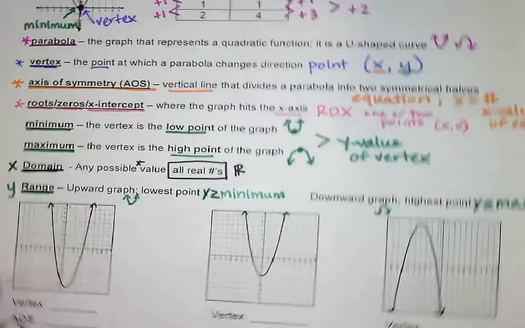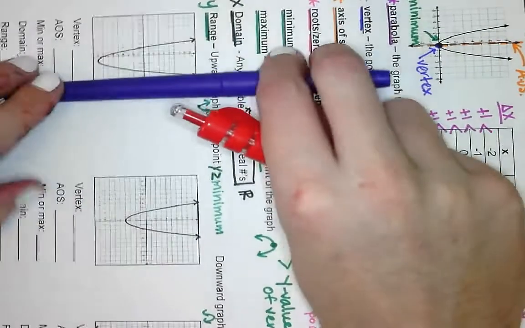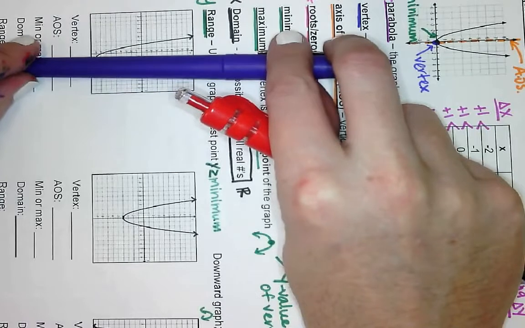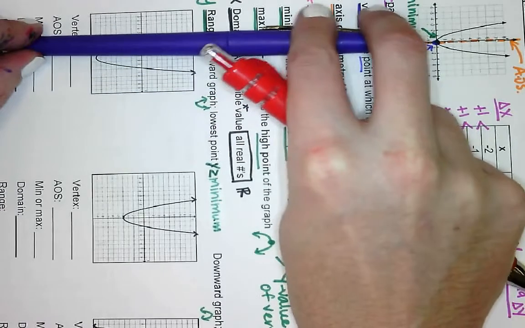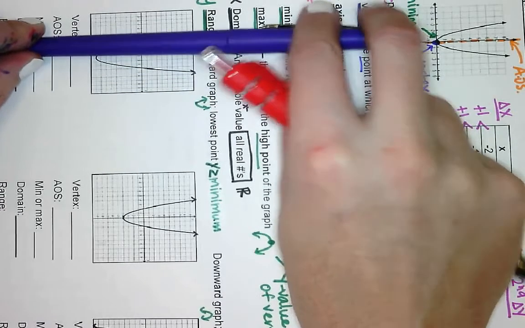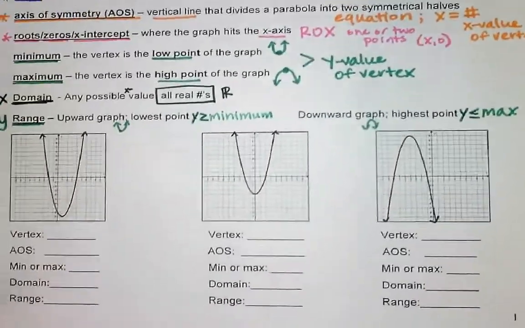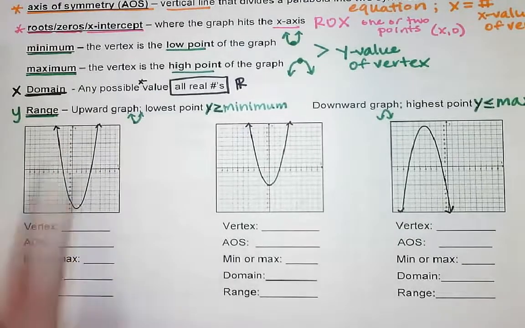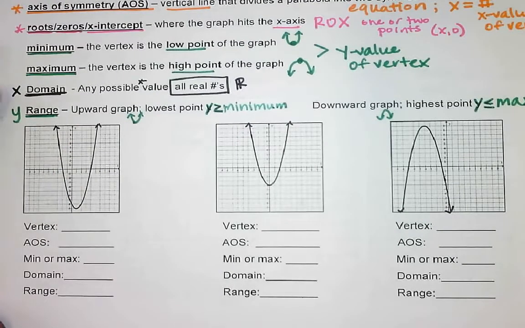Square root functions are only the top half or the bottom half of the parabola. Good question there, Braden. And it's always going to be a nice even curve like this, just one U shape, a consistent curve.